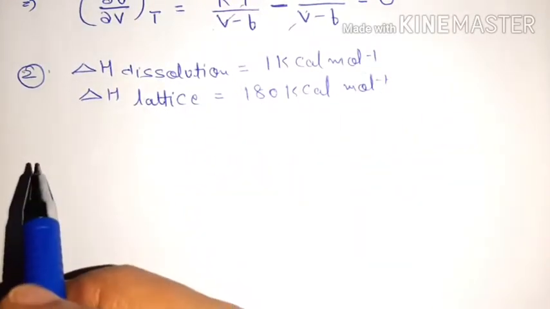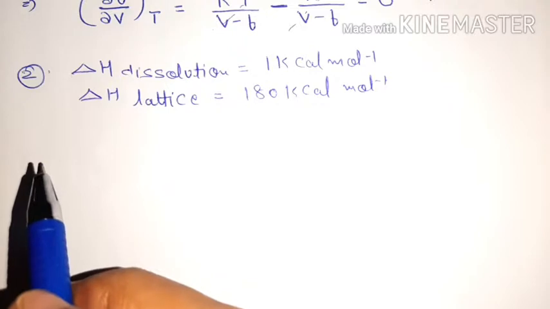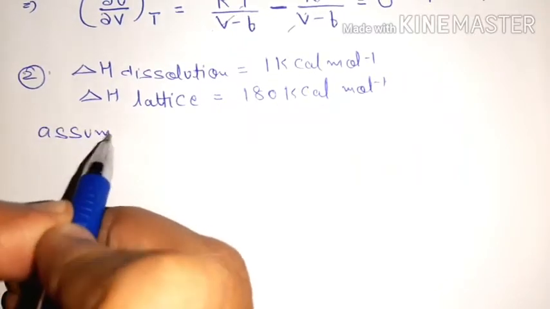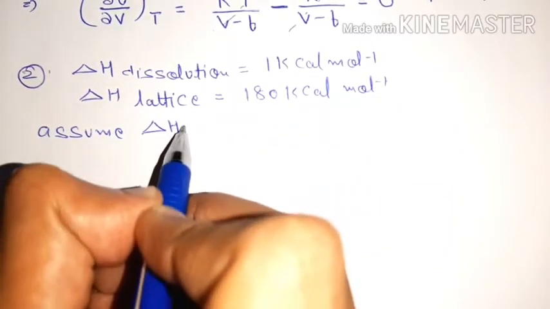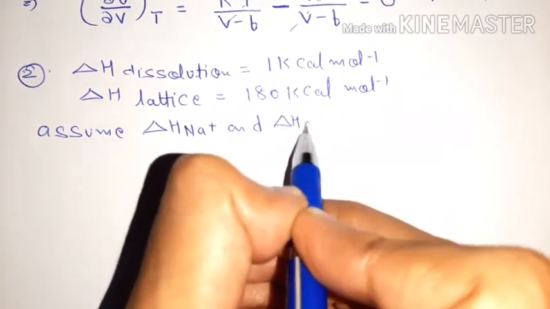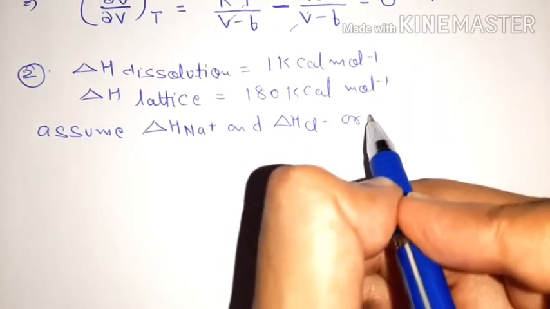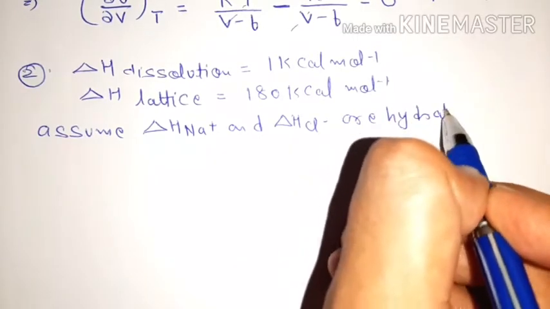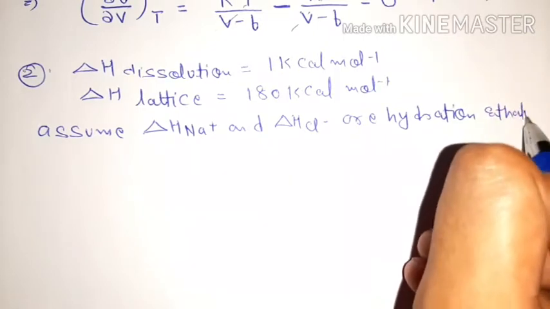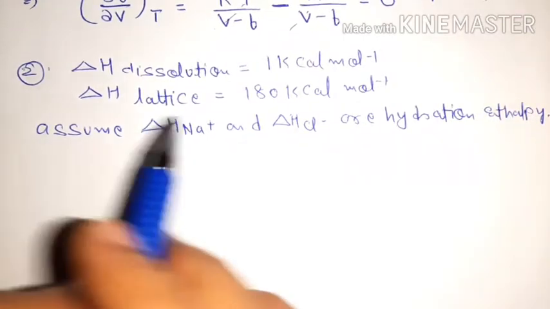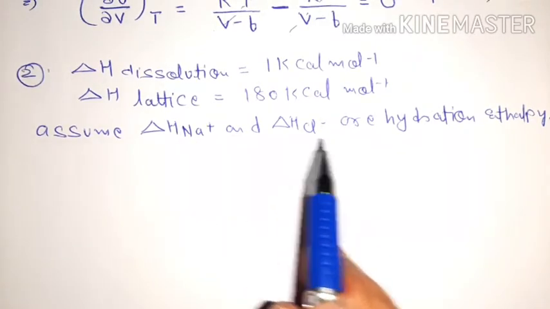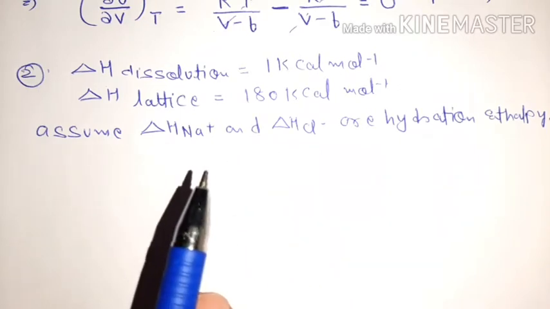Understand? And let's assume friends that delta H Na plus and delta H Cl minus are hydration enthalpies, or energy of hydration. Assume delta H Na plus is the enthalpy of hydration of sodium plus, and delta H Cl minus is the enthalpy of hydration of Cl minus.